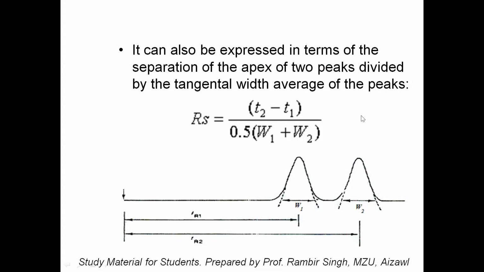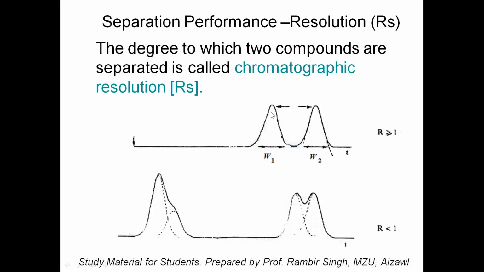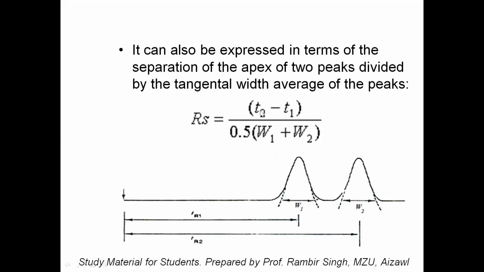So resolution is T2 minus T1, where T1 is the time of elution, the RT of the first one. This is RT1, this is RT2. So it is T2 minus T1 divided by 0.5 into W1 plus W2, the width of the first one and the width of the second.